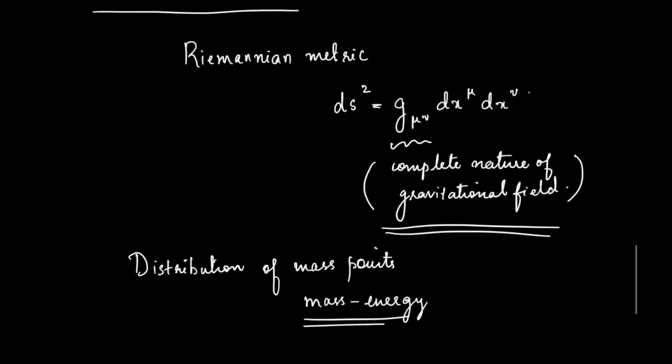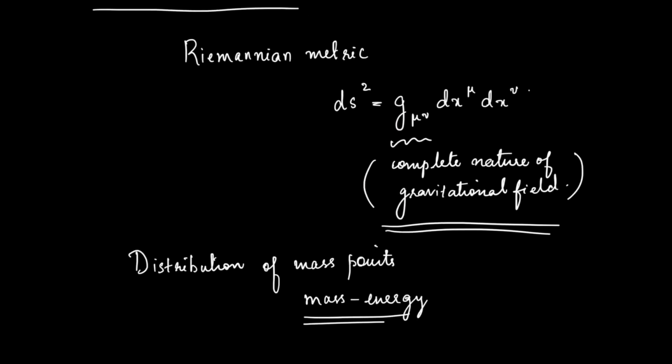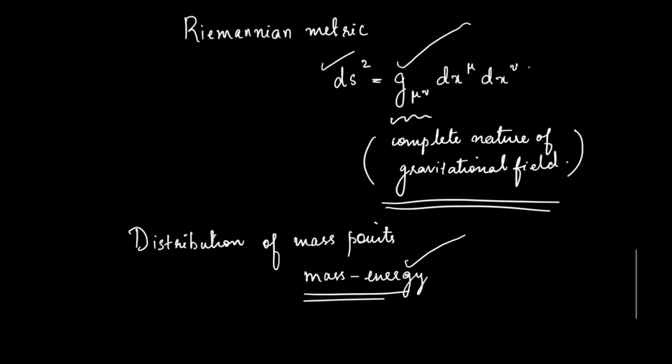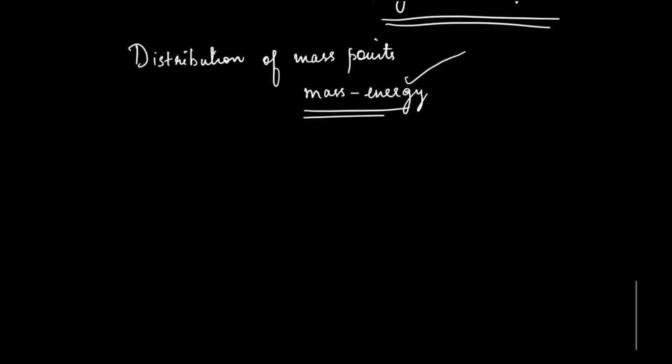So here we say that gravitational field is determined by the space-time geometry. So similarly, this mass energy distribution should also follow the space-time. Or in other words, I should say that we should be able to deduce the geometry from distribution of mass energy. So here I can say that geometry is dependent upon the gravitational field. Similarly, the geometry should also depend upon the mass energy distribution.